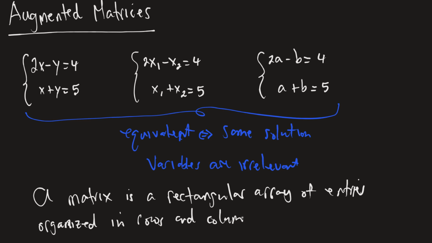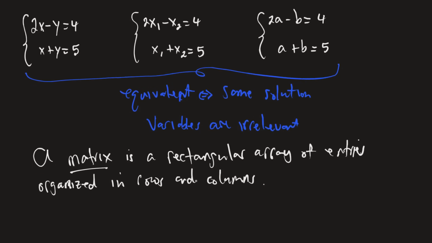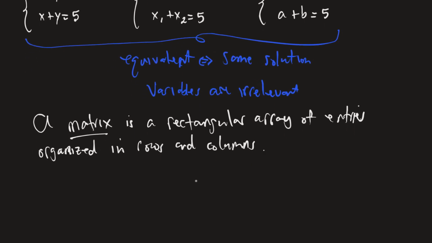So that's going to be our definition of a matrix. It's something that's rectangular, and it will consist of entries, organized in rows and columns. So what I'm going to do is write down a generic matrix just to show you what we mean.